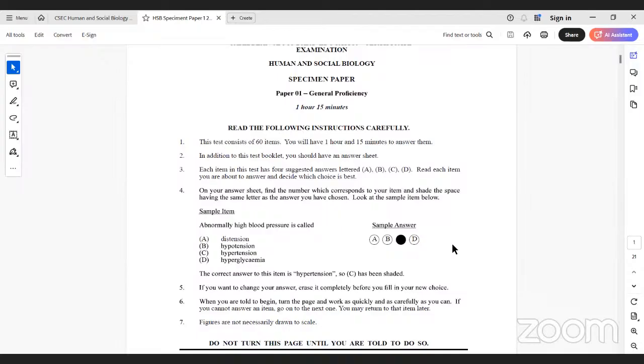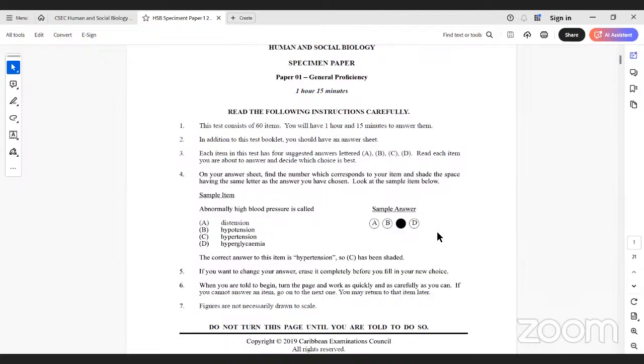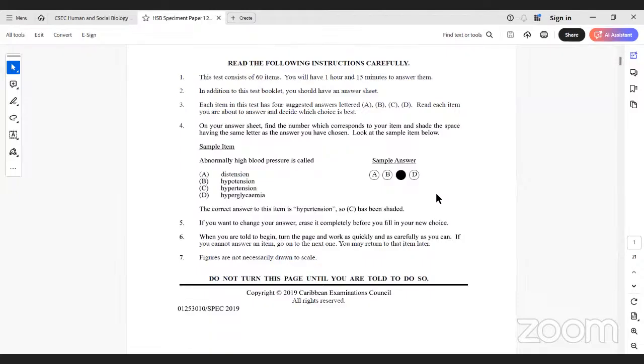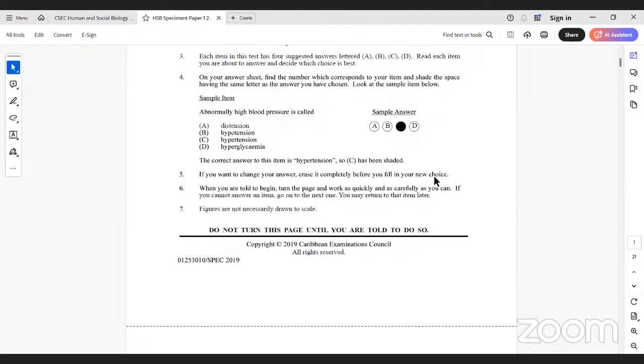Shade your answer. Everyone knows you do multiple choice with a pencil. You want to choose the best answer. There could be more than one correct answer in the multiple choice, but you want the one that fits best. Sometimes you have to look at the English of the question. Sometimes the questions may be tricky in terms of how they are structured, but do your best and never leave a multiple choice question blank.